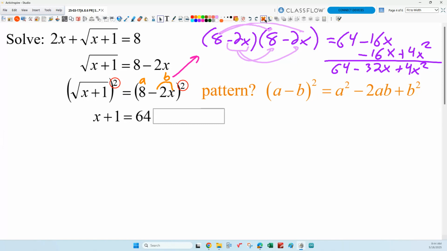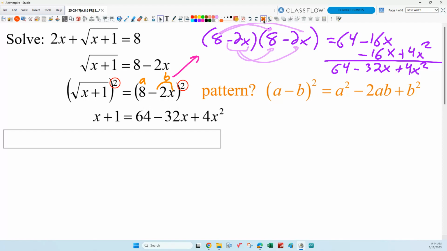So minus 32x. And then finally plus 2x, the quantity 2x squared. Well, that's just 4x squared, isn't it? Got to square the 2 and square the x. So you see how much faster it is to use that pattern. You don't have to do that whole FOIL process and combine like terms. You just get the answers directly when you use the pattern.